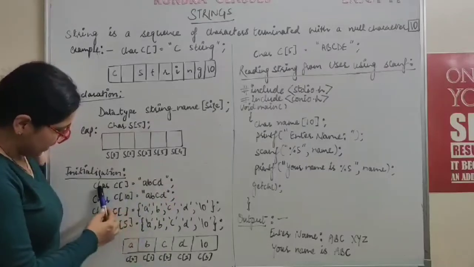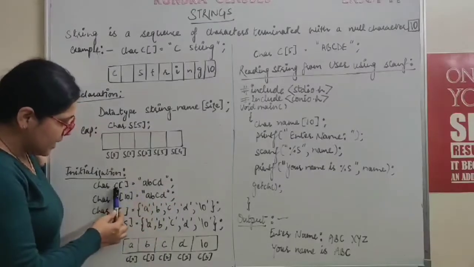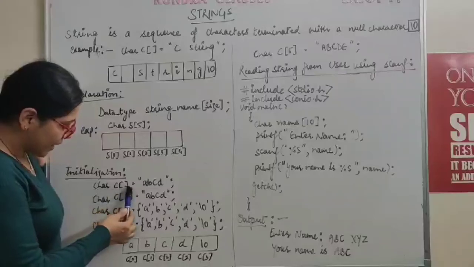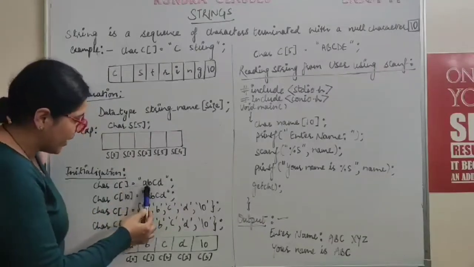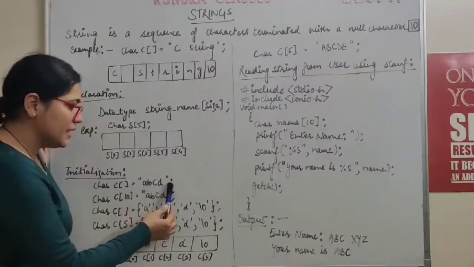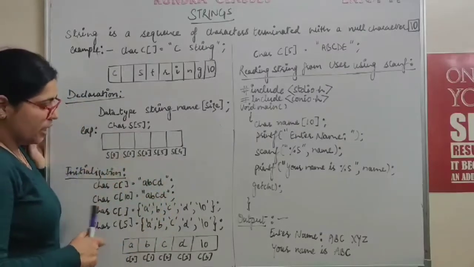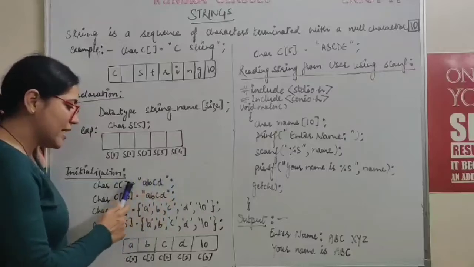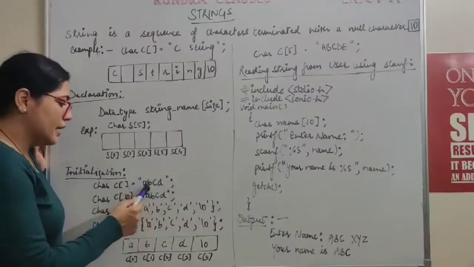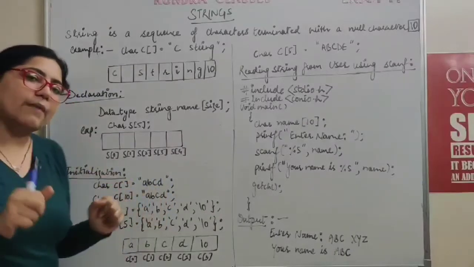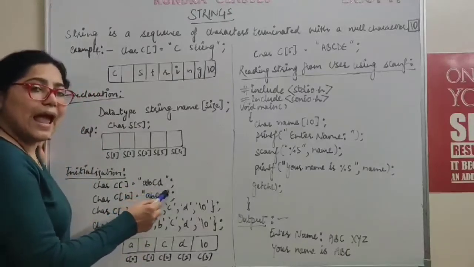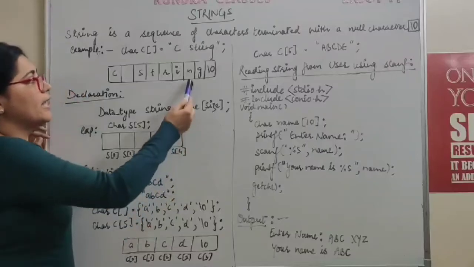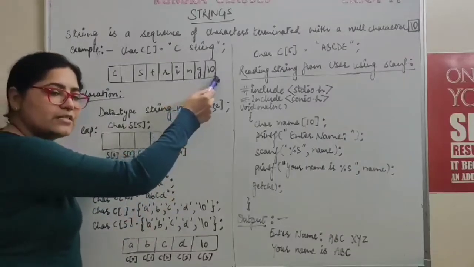कुछ statements दिए हैं मैंने यहाँ पे, like C string of char type. Size is not mentioned here. Size mentioned नहीं है, and I have assigned A, B, C, D in the double quotes inside it. Do remember, whenever you are initializing a string and it's mentioned in double quotes, automatically a null character will be added at the end of the string, like we mentioned in the above examples.